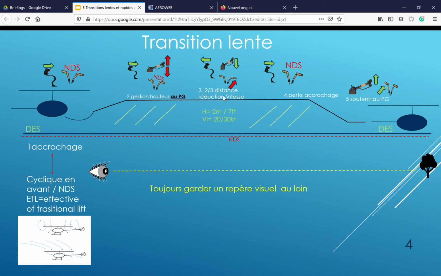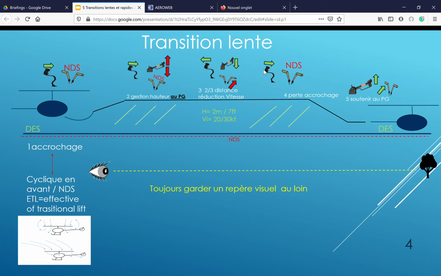Then at a distance that is a third from your helipad, you decide to reduce your speed. What you do, you put your cyclic backward, you lower your collective, and you put in right foot. We have talked about why. It's the primary and secondary effect of the flight controls, and eventually the speed will reduce.